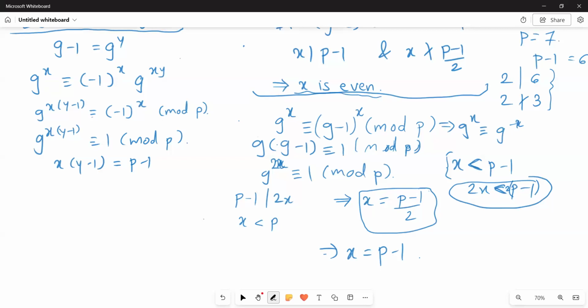And we had concluded here that x is an even number. So this is a contradiction. So that means x is not strictly less than p minus 1, x is equal to p minus 1. And since the order is p minus 1, that means that g minus 2 is also a primitive root.